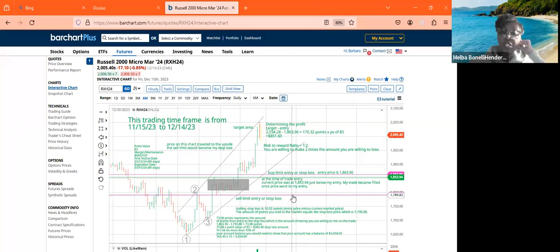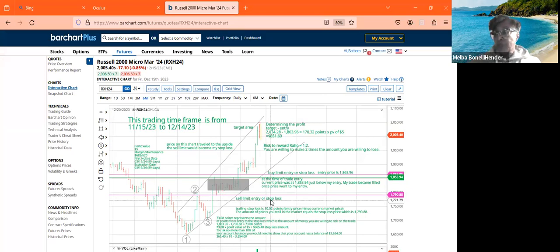The way our mentors teach us to trade a channel is you set two limit orders, a buy limit order and a sell limit order. When the market breaks out to either upside or downside, it will trigger and fill one of those limit orders. The opposite limit order will serve as a stop loss for you if the market turns and goes in the opposite direction, to protect your account.